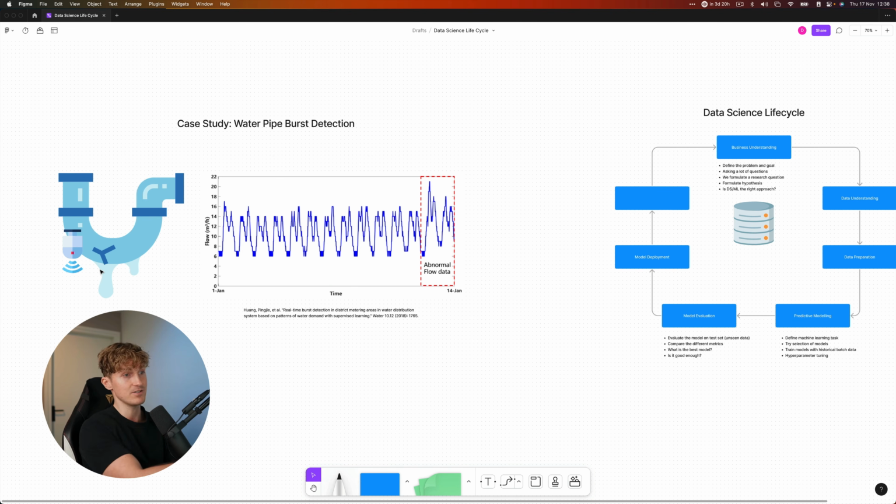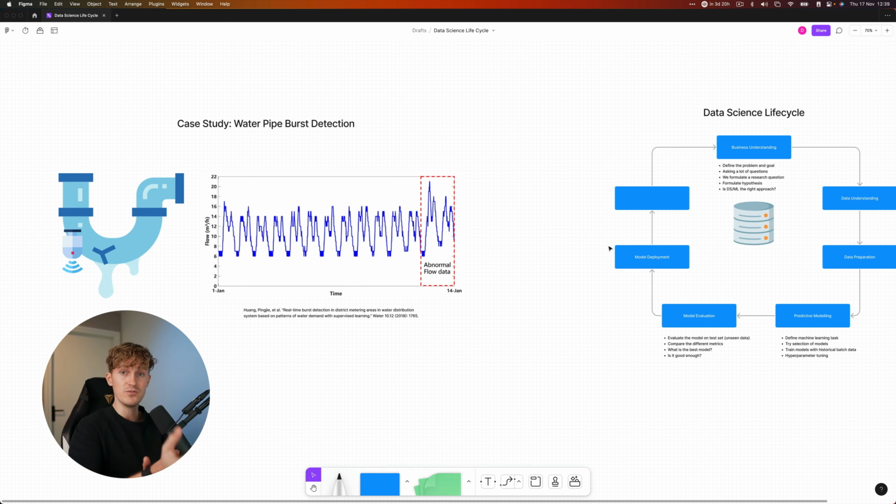So every minute there is data coming in from the sensor and we send it to the model, and then the model gives a prediction of whether it thinks that there is a burst or not. So coming back to the 1-0 example, 0 wouldn't be a burst, 1 would be a burst. Then every minute data comes in, 1 or 0 comes out. Data comes in, 1 or 0 comes out.